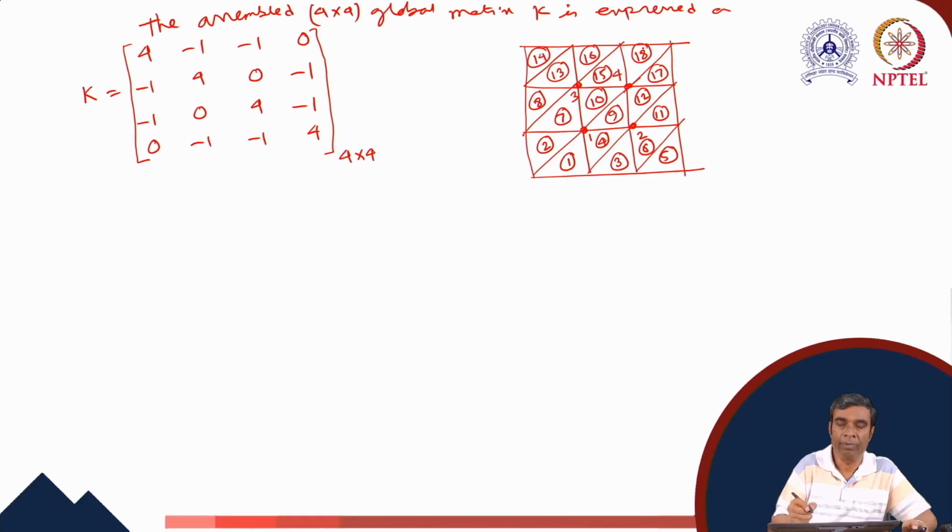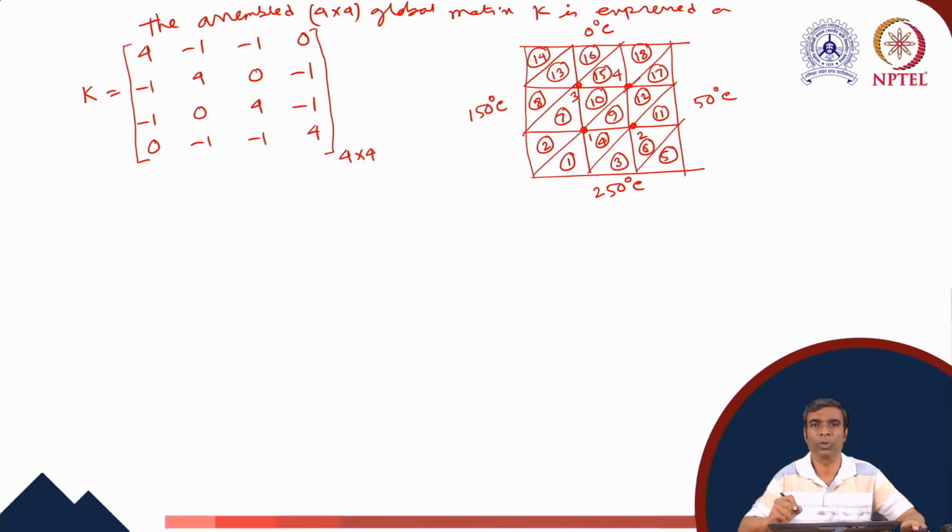So our boundary conditions were 0 degree centigrade, 50 degree centigrade, 250 degree centigrade, and 150 degree centigrade. Already in the previous problems we have shown that for corner singularity we can take the average of the EBC data. So here we can write the temperature as 25 degree centigrade.